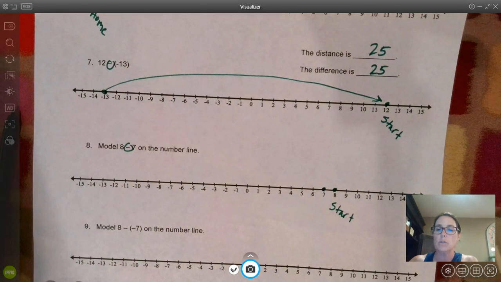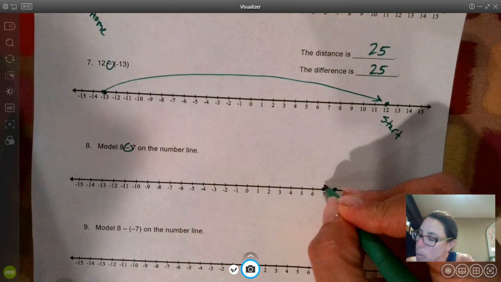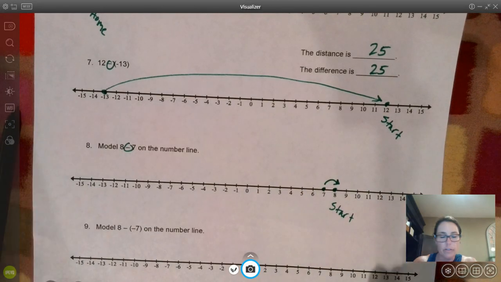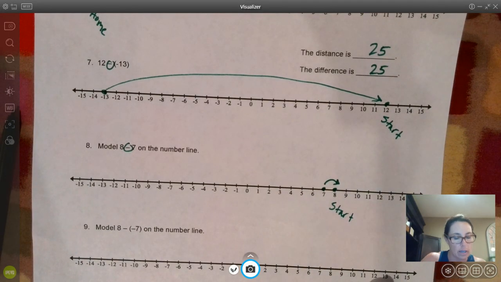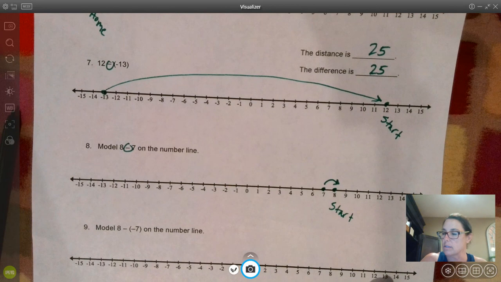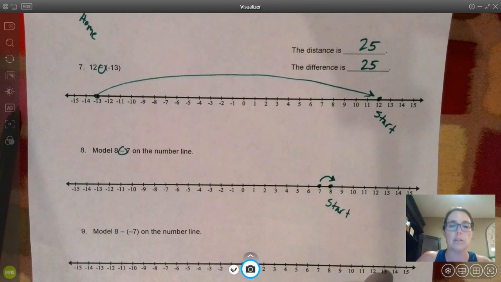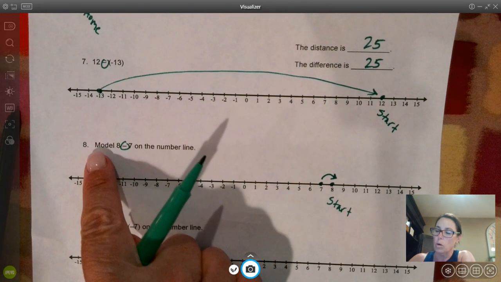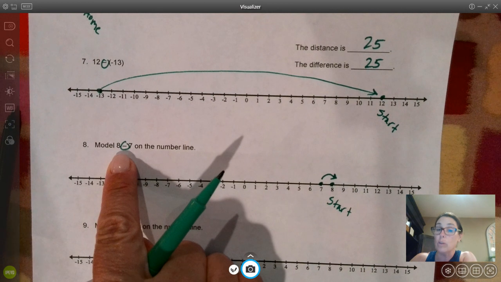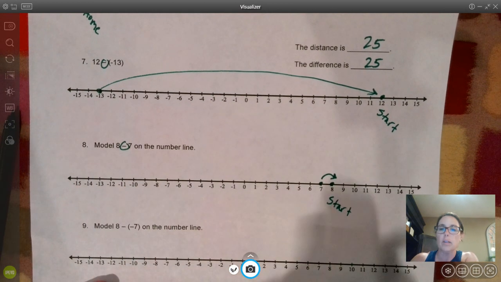What do I need to do to get back to start or get back home? Hopefully you're understanding that we are going 1 unit to the right. We all know 8 minus 7 is 1 from elementary school in first grade. It's about this picture. We're modeling this with the hoop method on the number line.